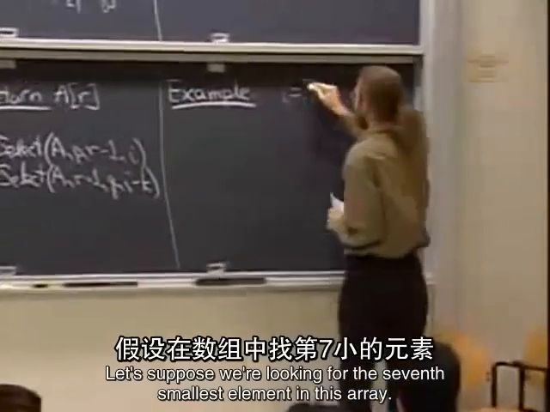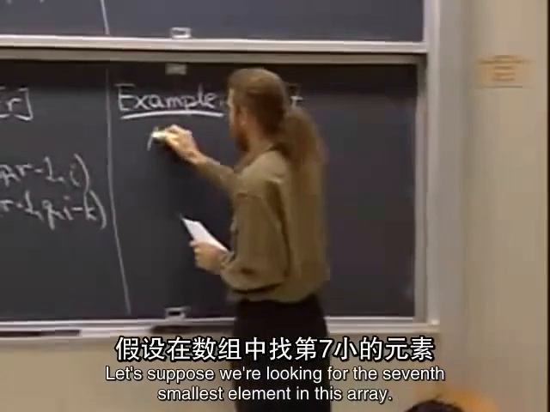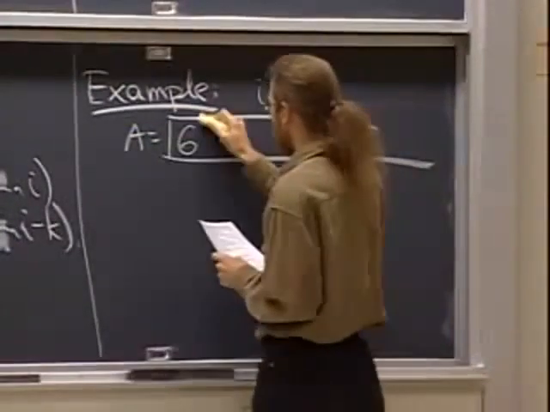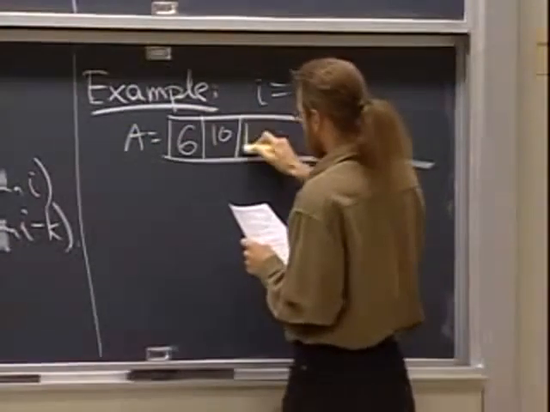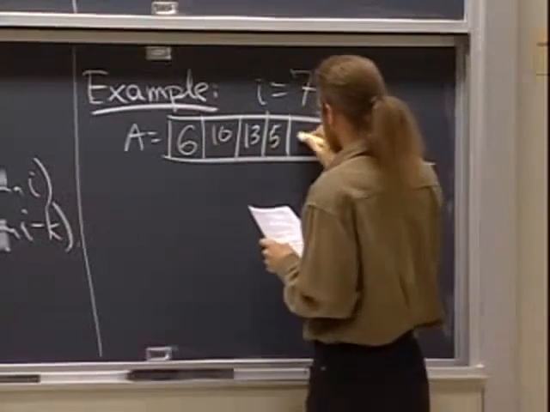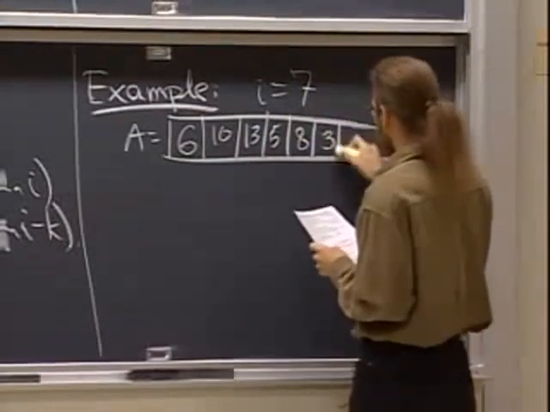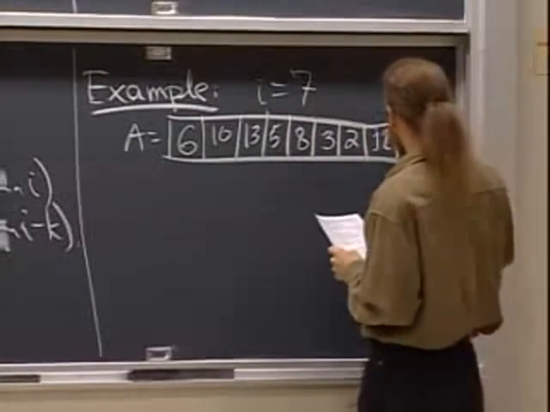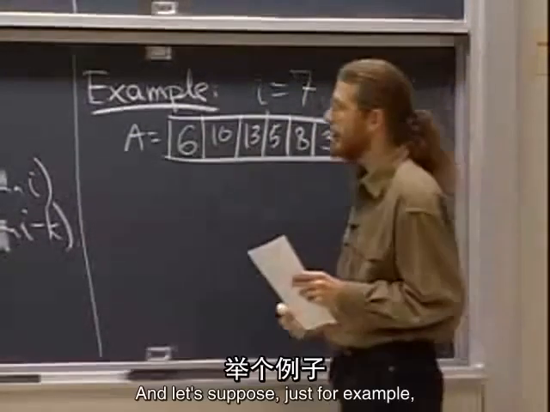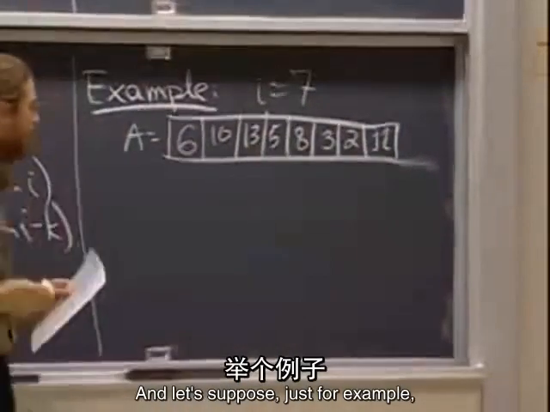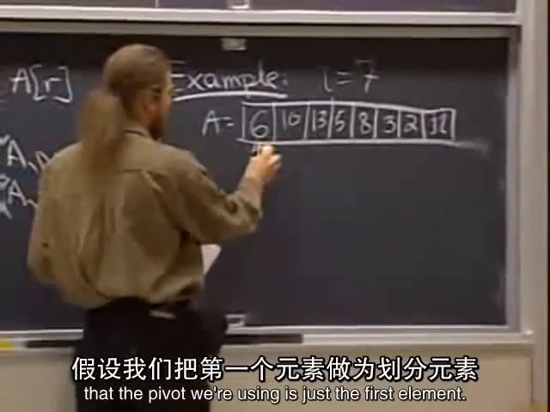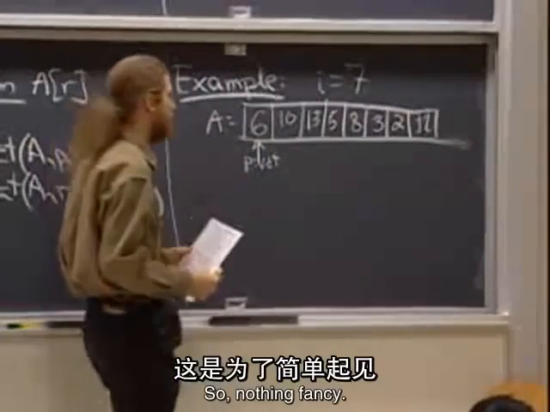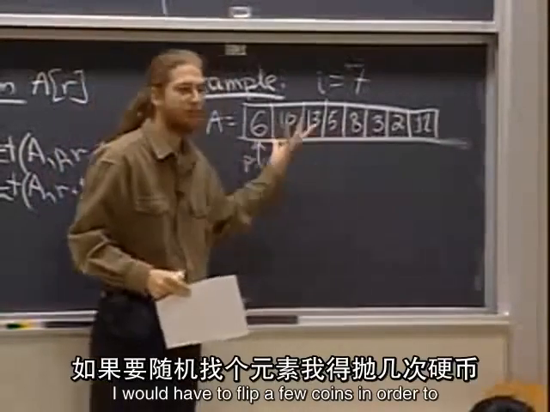So let's suppose we're looking for the seventh smallest element in this array. And let's suppose, just for example, that the pivot we're using is just the first element. Nothing fancy; I'd have to flip a few coins in order to generate a random one.